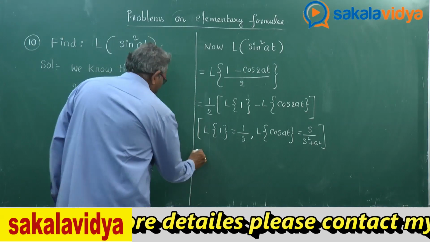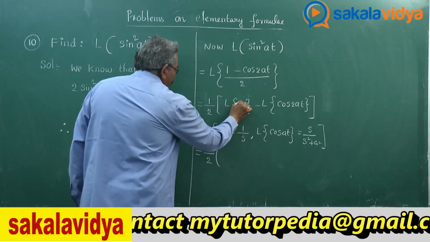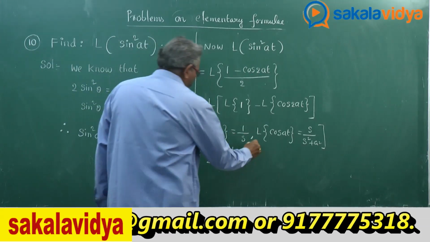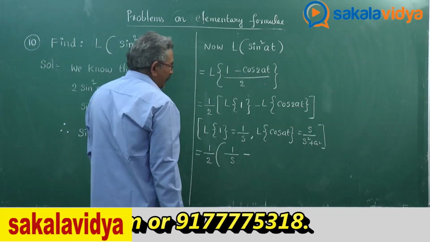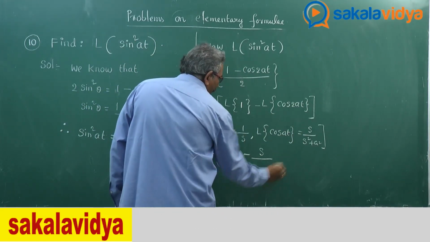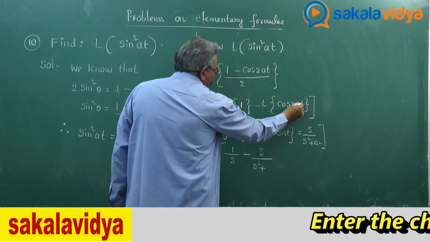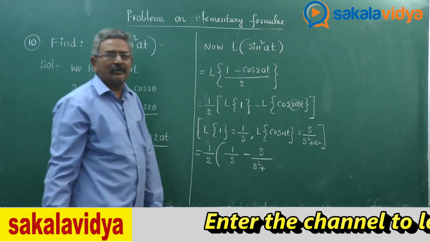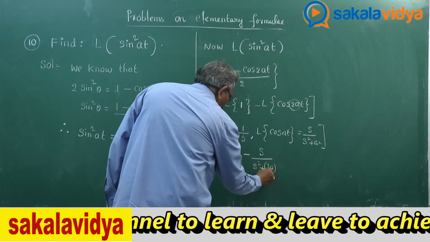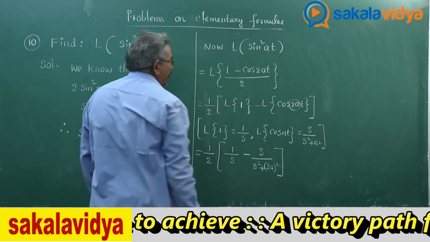So this equals half times the Laplace transform of 1, which is 1 by s, minus s by s square plus, very interesting, for a we have 2a, so 2a whole square. Now let it be simplified.